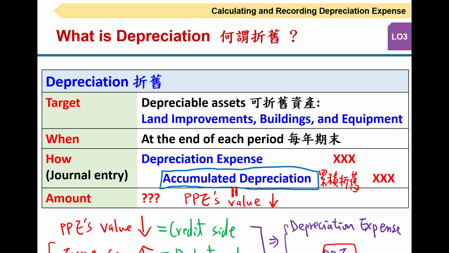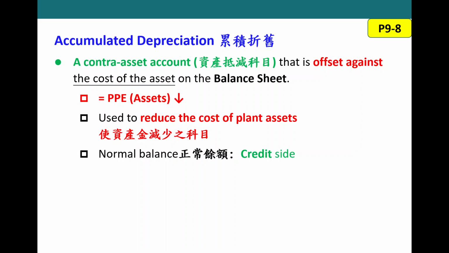So upper this side is credit, because PPE value decrease is on credit side. Remember, value decrease on credit side, right?